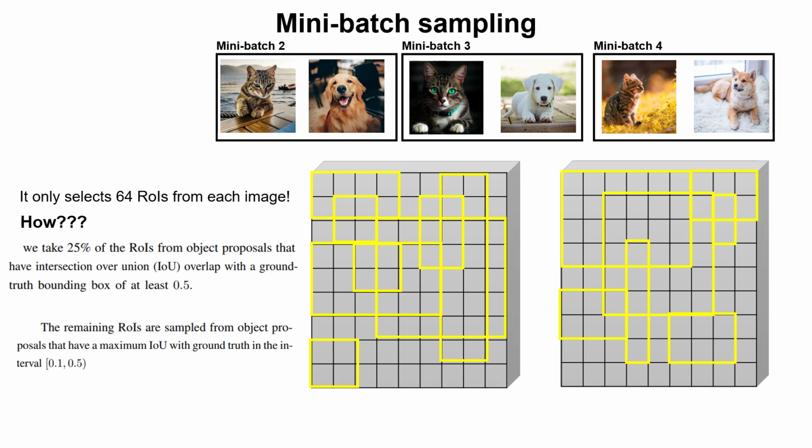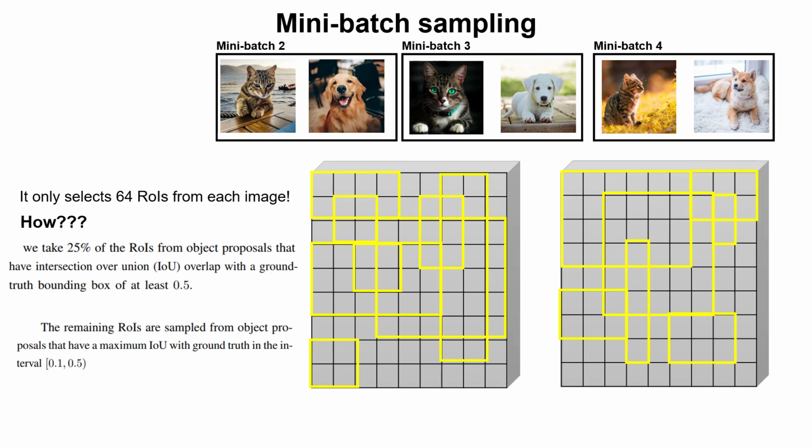So just to give you a quick recap, we are finally supposed to sample 64 RoIs. 25% of them, which is 16, are supposed to be the ones that have IoU with a ground truth of at least 0.5. And the rest, 75%, are the ones in this interval.